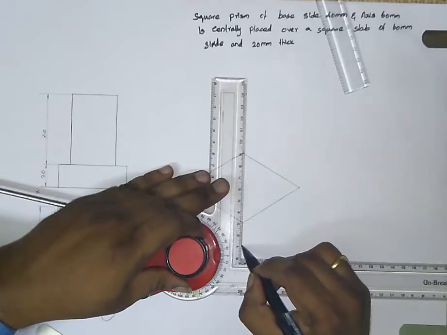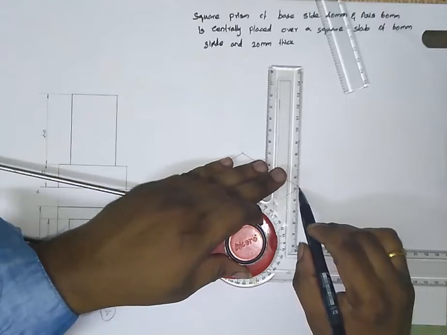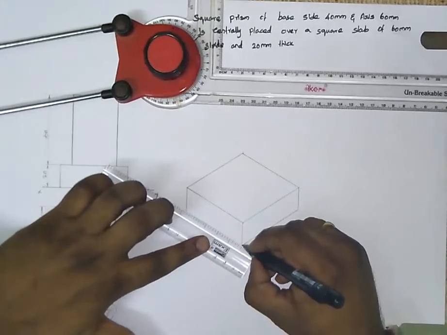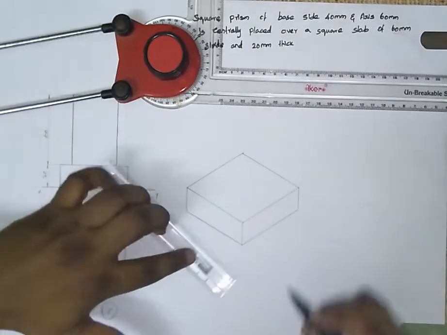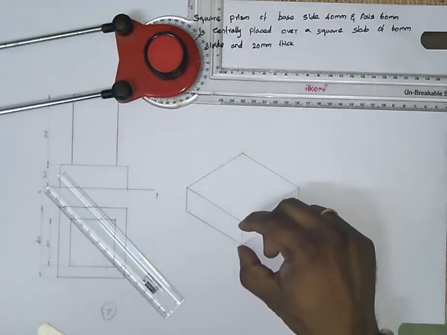Any direction is perfectly fine, it will be 20 mm. So now connect all these points to finalize your slab. So this is your slab of 60 mm side and 20 mm height.